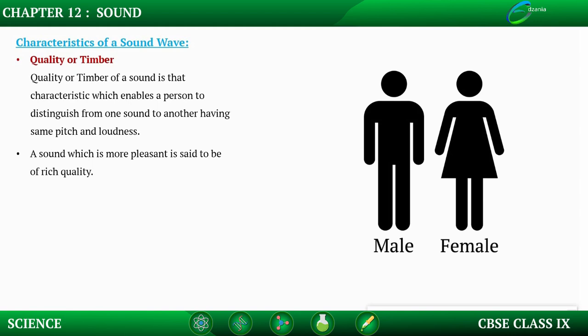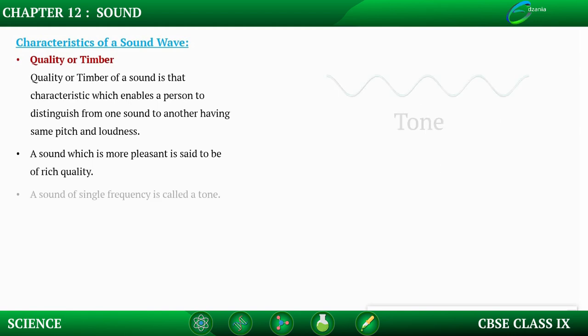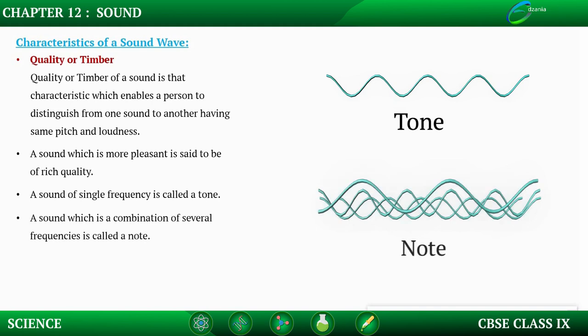Here, if there is only one frequency, then it is called a tone. But if quite a few frequencies are combined together, like in orchestras, then we'll call it a note. So this is about quality, note, and tone.